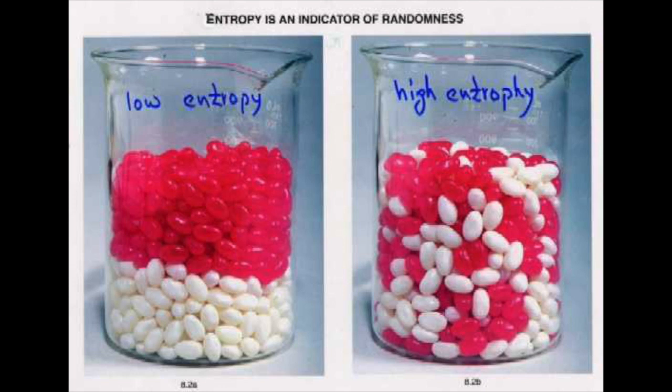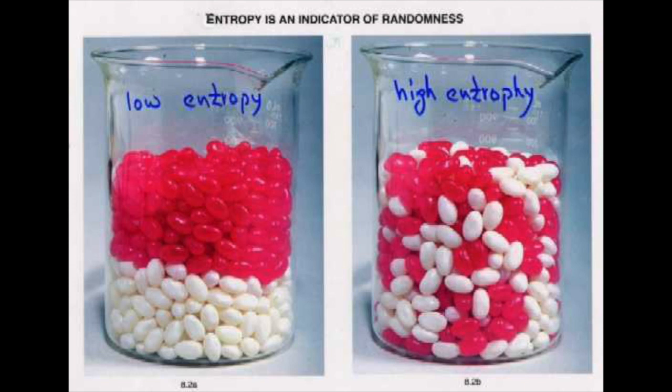From the initial stage, after the careful separation and organization of the system of jelly beans, they will inevitably become more mixed. That is the only direction they can move. They cannot become more organized. They only have one way to go.